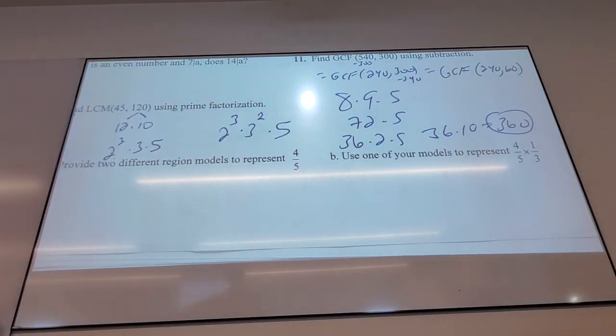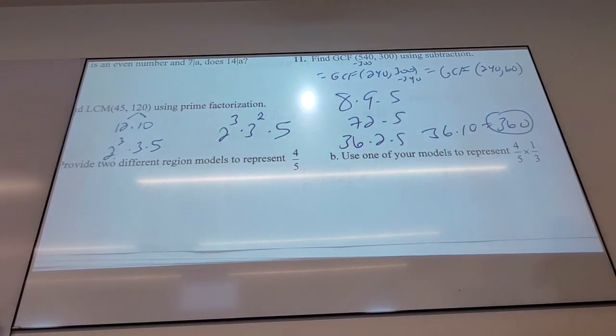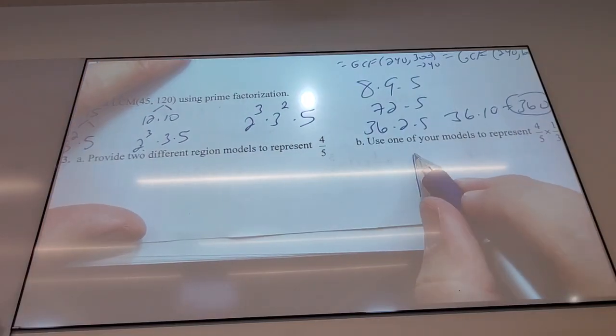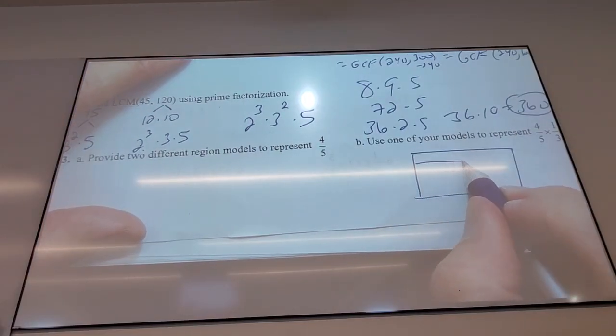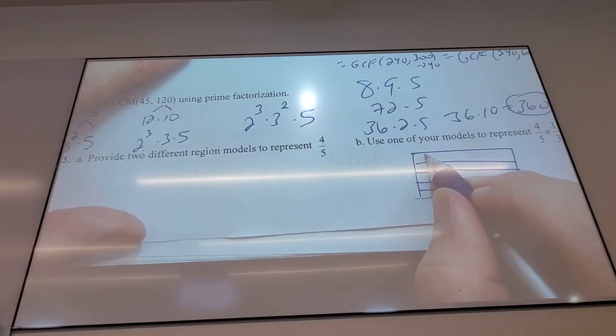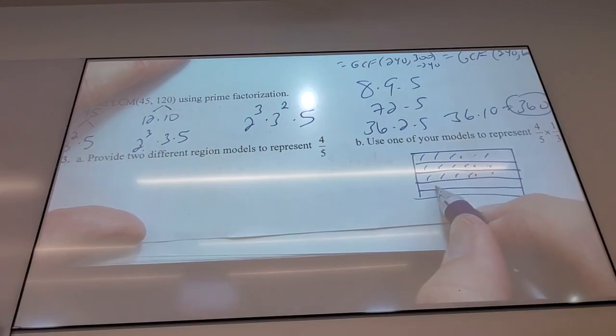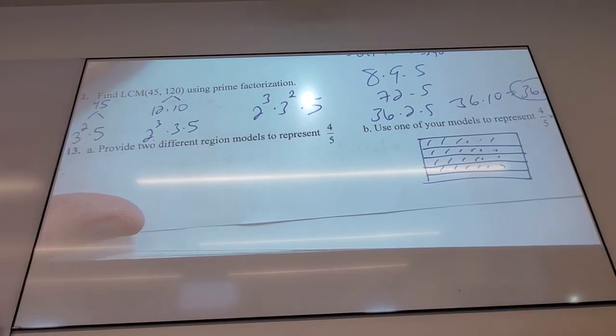Do you guys remember the difference between 2 times 3 and 3 times 4? Yeah. So 2 times 3 would be like 2 groups of 3, yes? Alright, so if I want to do 4/5 times 1/3, I have to represent 4/5 this way. Here's 4/5, yes? Almost there. Is that 4/5? Yes.